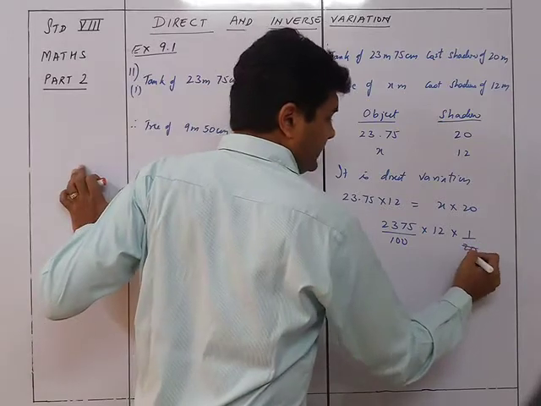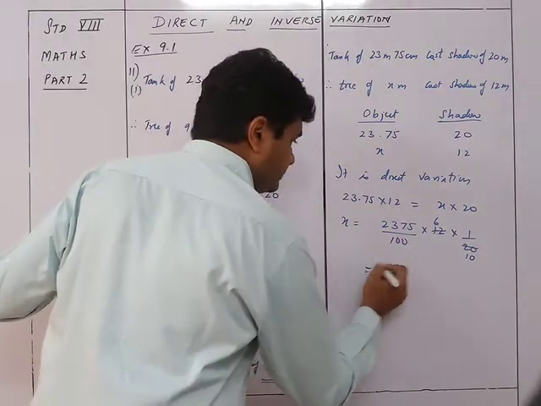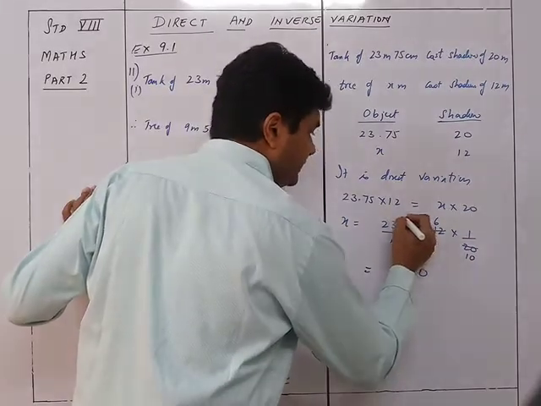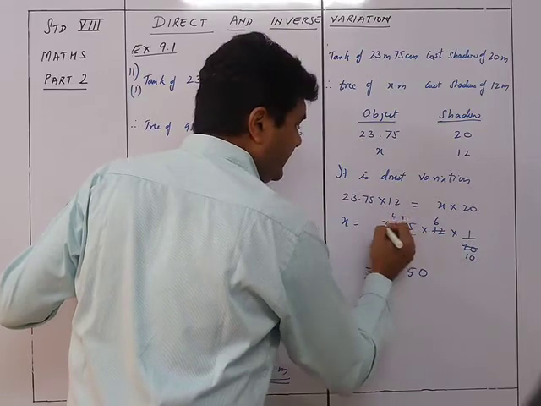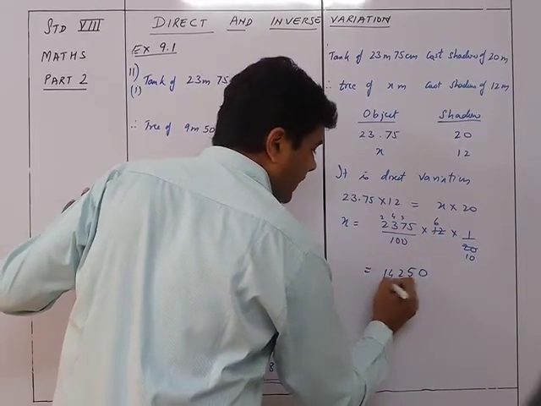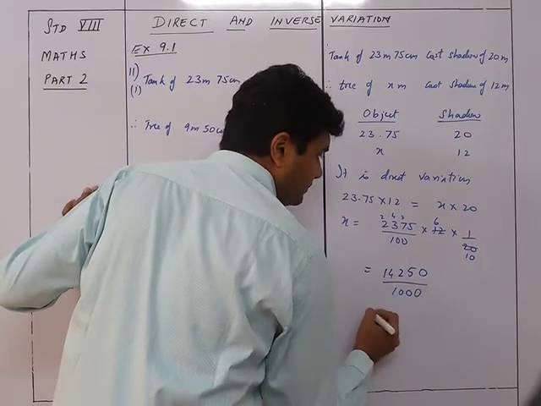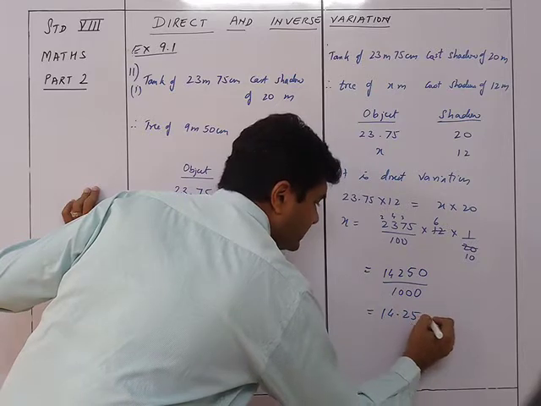So this is 10 and this will be 6. We'll keep it as it is. 6 5s are 30, 42, 45, 18, 22, 12, 14 upon 1, 2, 3 over here. So it is equals to 14.25 meters.